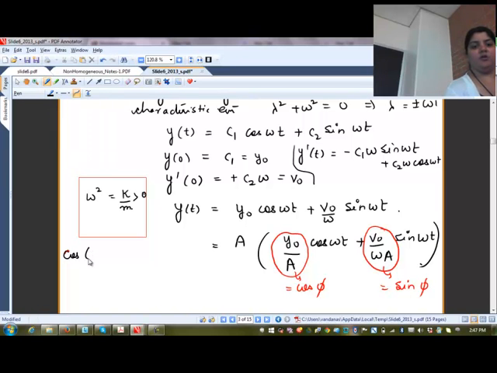So here you have the formula for cosine of A plus B, which you should know, but if you have sine of A plus B, then you have a different formula.